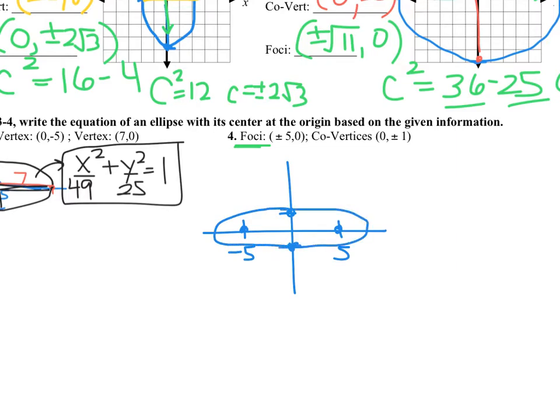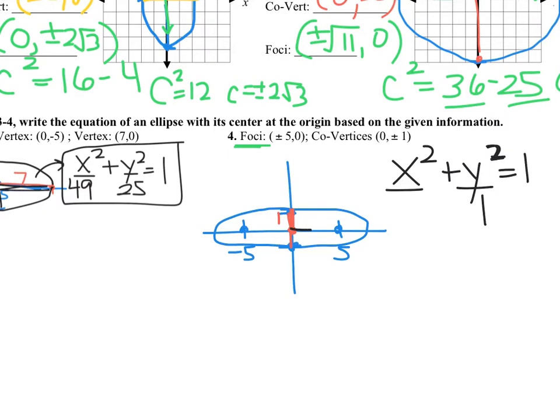And so the ellipse equation is always x squared plus y squared equals 1, and we fill in the blanks underneath. Now I only have one of them this time. I have the up and down length from the center is 1. So I square that number and I put it under y because it's going up and down.